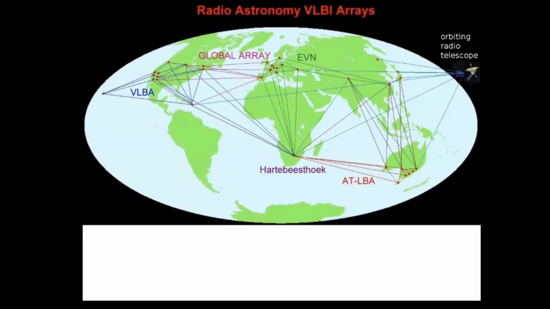But one of the things that was developed as computing power came along, it was found that if you had, say, 30 dishes and maybe 60 or 70 baselines, you could do a lot of back calculation. You could observe a point source and work out exactly where all these dishes were to millimeter accuracy.